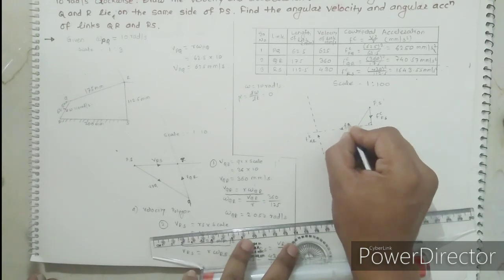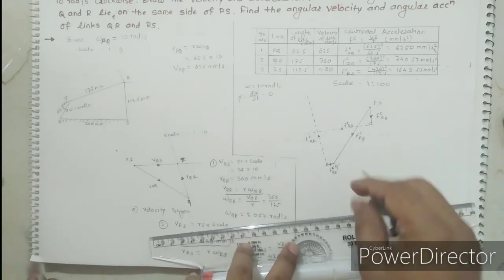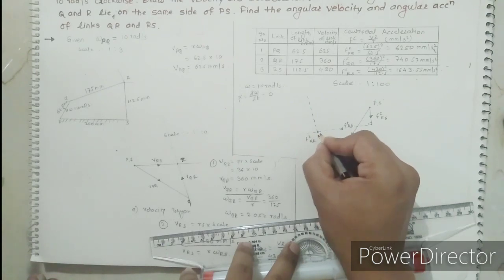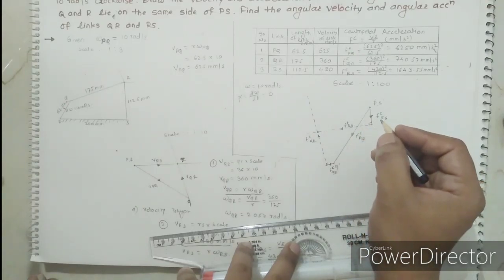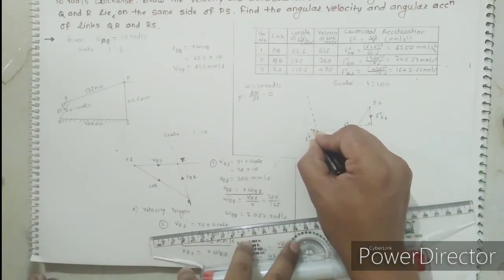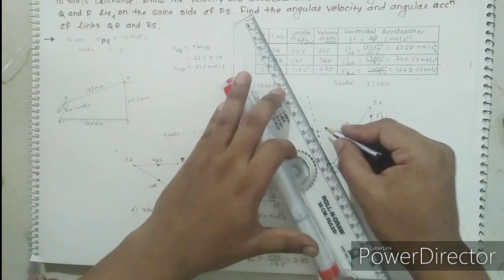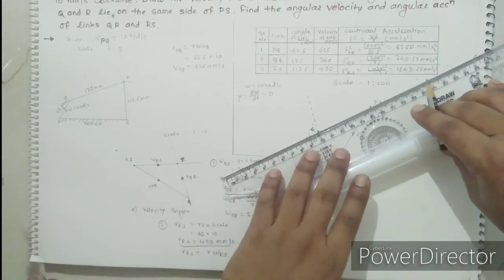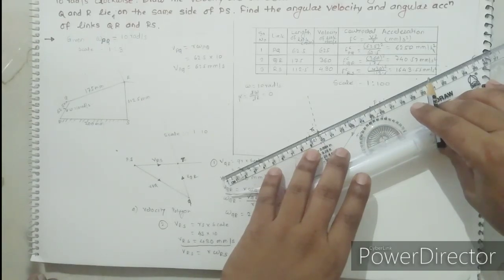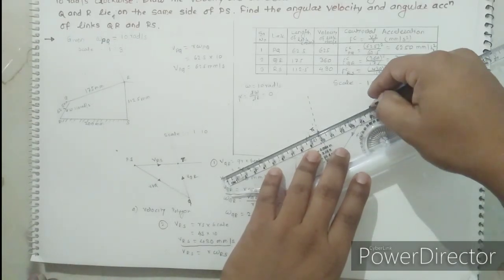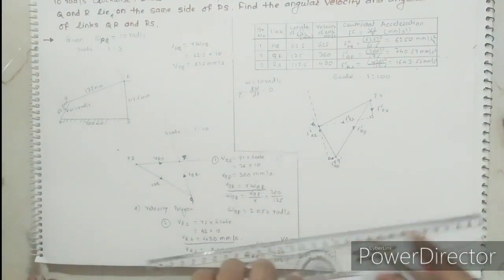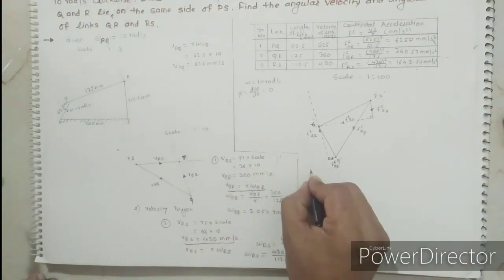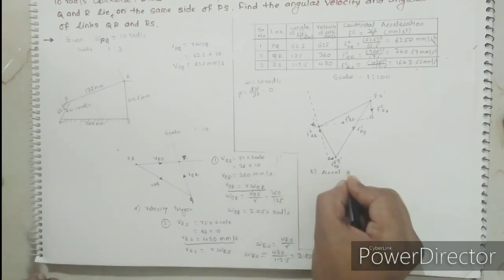This is FTRS. Now we have got the cross point, which is R dash. So join R dash Q dash and P dash S dash. This is the acceleration polygon.